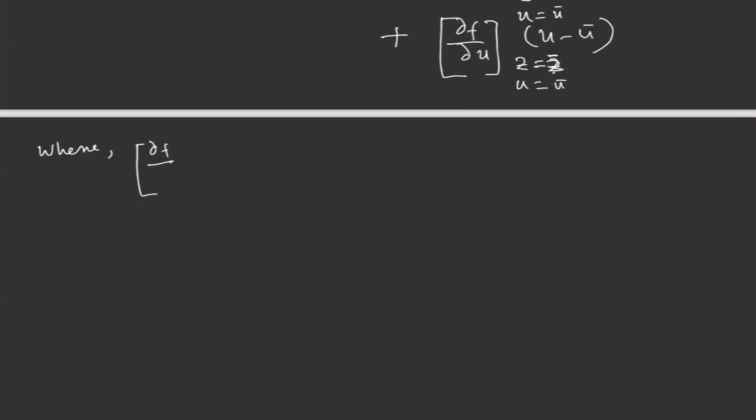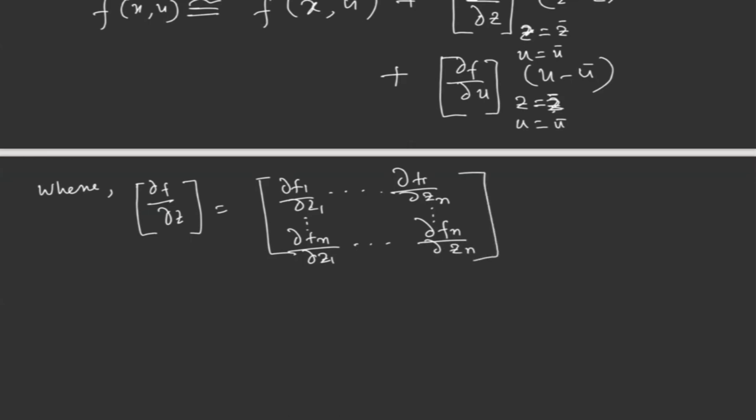Here the partial derivative of f with respect to x is the matrix with entries partial f1 by partial x1 up to partial f1 by partial xn, and similarly partial fn by partial x1 up to partial fn by partial xn. This is called the Jacobian matrix. This is a very powerful part, because this matrix will be useful in finding the eigenvalues, or the roots, of the system, and in commenting on the stability of the system.